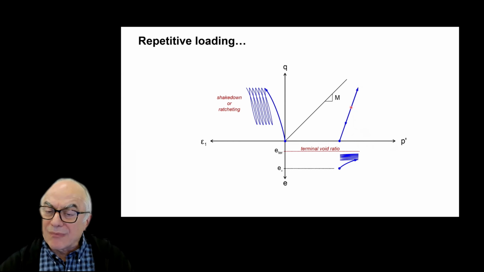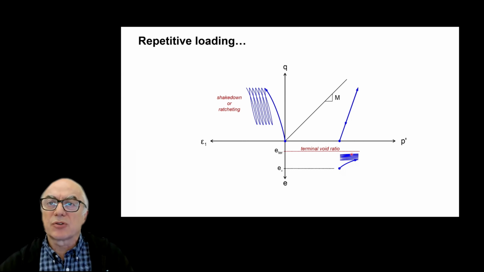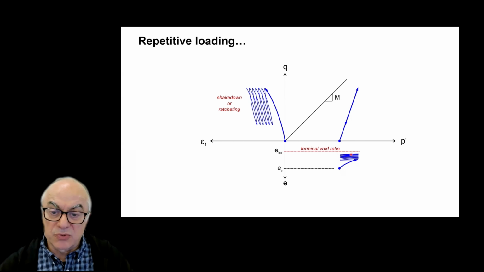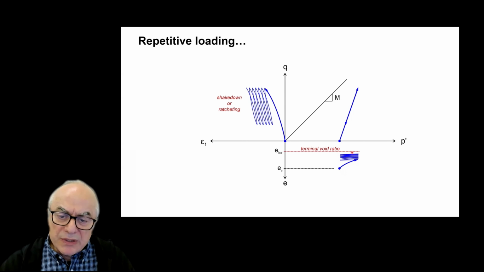On the void ratio projection, most likely this material will get denser and denser and denser, going towards an asymptotic value. The voids cannot totally vanish, and so at most it will go to zero, but clearly that will not be the case unless there is total crushing of the material. So this will go to an asymptotic void ratio.